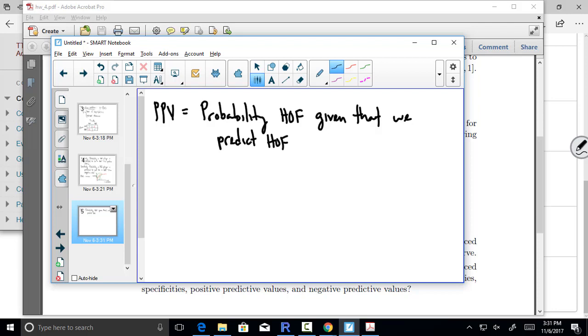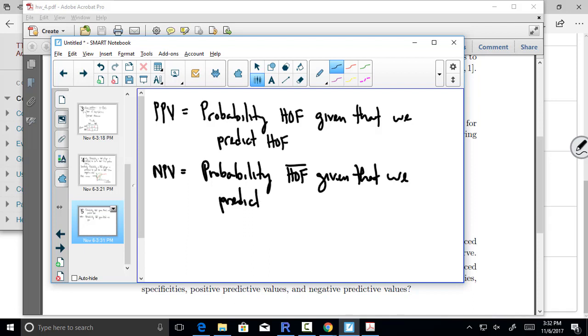Sensitivity is the probability we predict Hall of Fame, given that they're in the Hall of Fame. Positive predictive value is kind of the Bayes switched conditional order version of that: the probability they're in the Hall of Fame, given that we predict they're in the Hall of Fame. And negative predictive value is the probability they are not in the Hall of Fame, given that we predict they're not in the Hall of Fame.